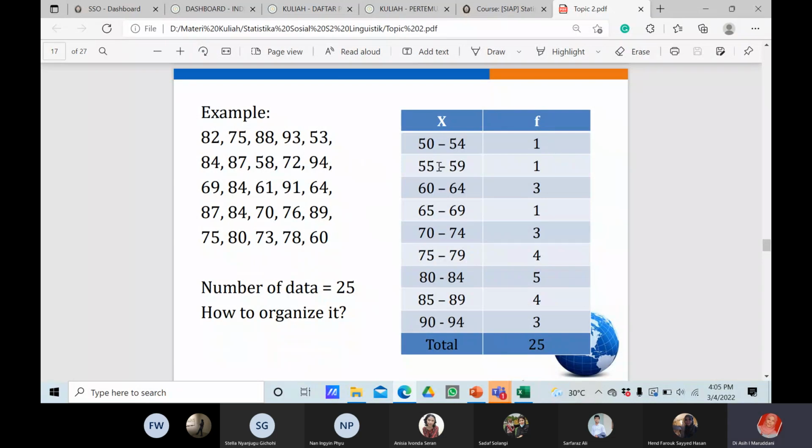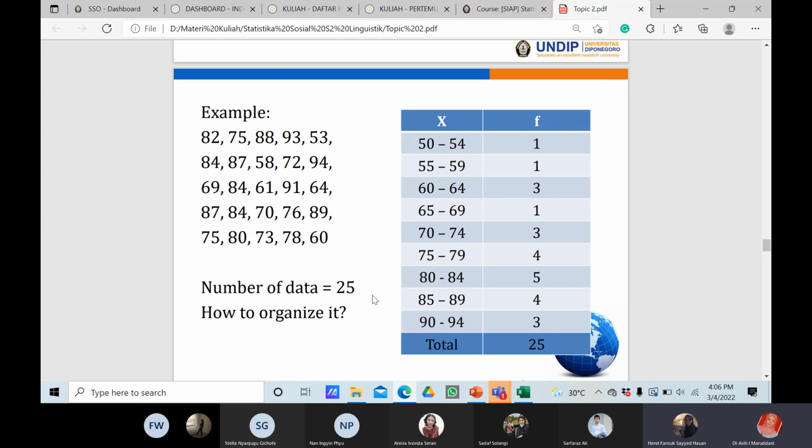Okay, you can calculate and you can produce a table like this. And don't forget to check that the total number should be equal to the number of data.